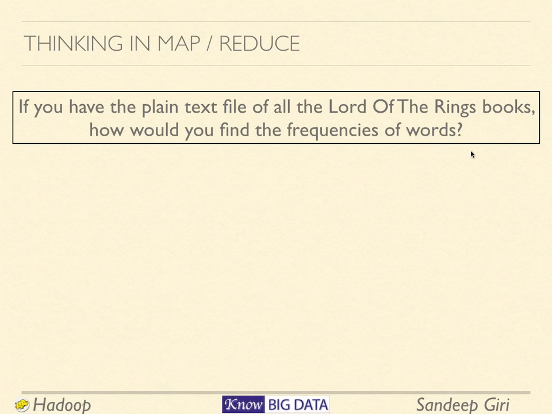Okay. Tran's answer is really interesting. He says that he will use a Lucene index. Great. But in very simple words, if there was no Lucene, what is it that you will do? So the question is, given a huge plain text file, how will you find the frequencies of the words?